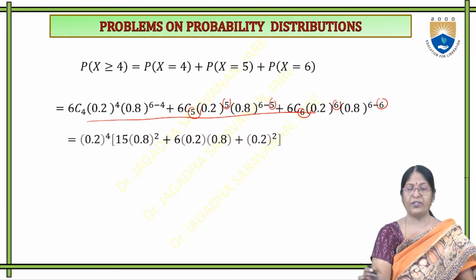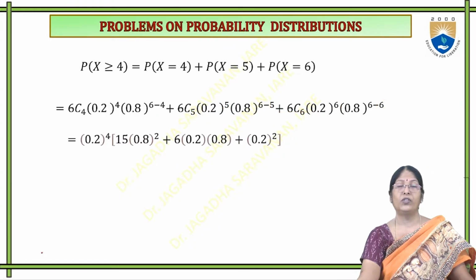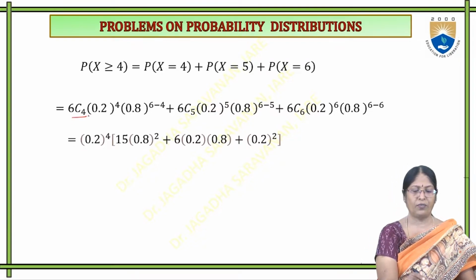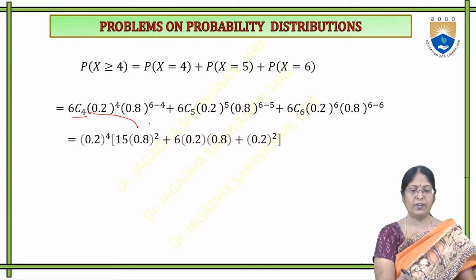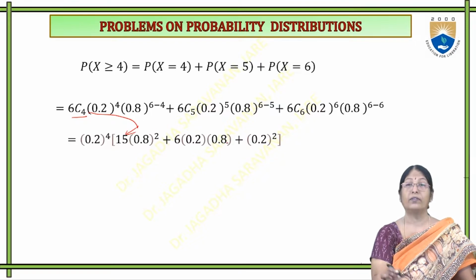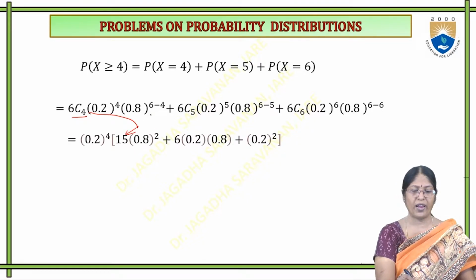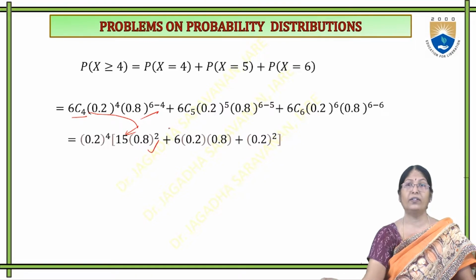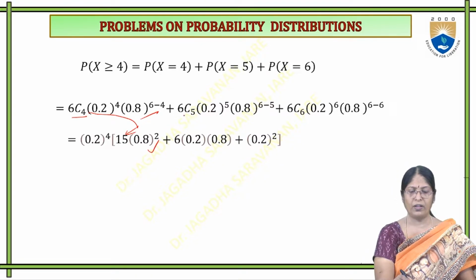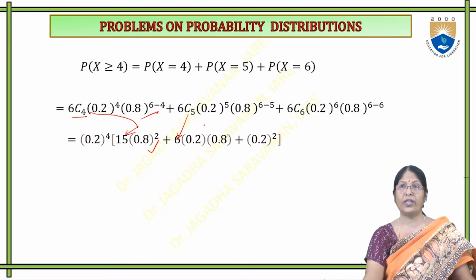Throughout, we find 0.2 to the power 4 is common. We have taken it out, and 6C4, the value which is written, and 0.8 squared is written. Similarly here, 6C5, the value 6.